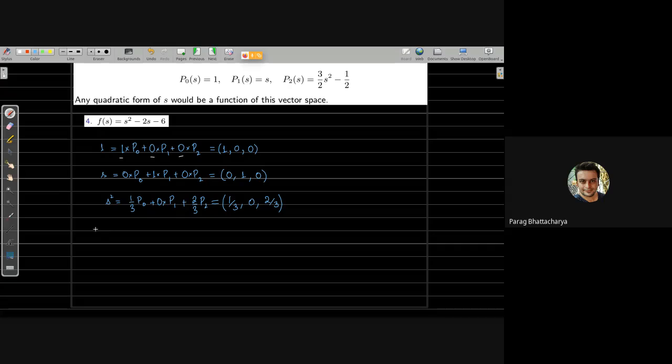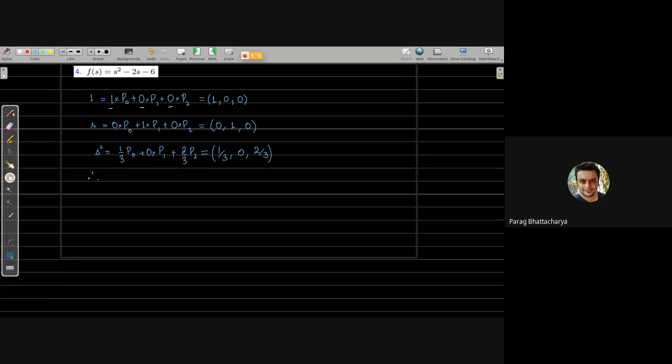So here the function that we are talking about, this function f of s is equal to s square minus twice s minus 6. I just substitute this s square, replace it with this one.